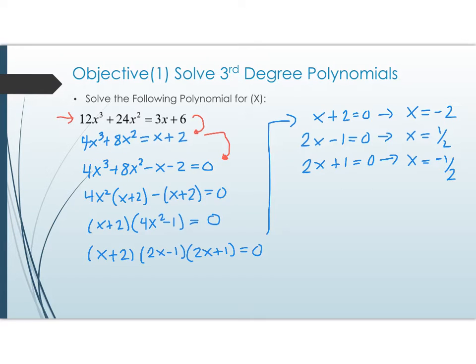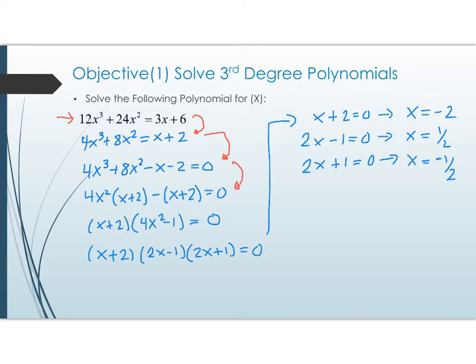And we can see we can use the grouping principle to take out an x squared from the first two terms. That leaves us with 4 times x plus 2. And then we can take out a negative from both negative x and negative 2, and we get x plus 2.